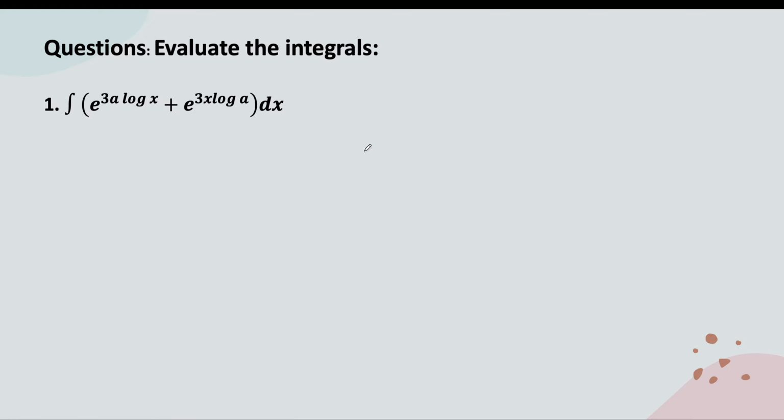So the question says integral of e to the power 3a log x plus e to the power 3x log a dx. So it was log x. Now let's solve it further on. Firstly, as I told you, try to combine your e and log. Now how to do that?